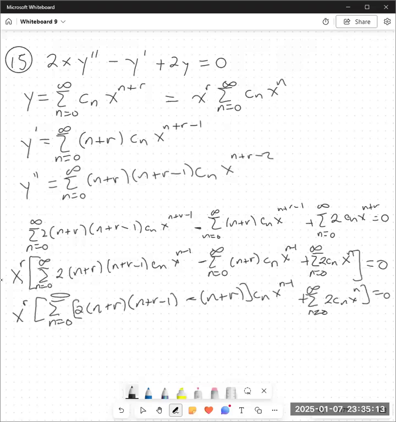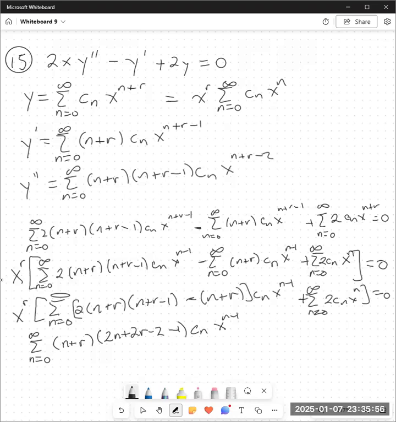So we're going to ignore the x to the r part for right now. That'll come back later in the problem. We need the sum from n equals 0 to infinity of n plus r times 2n plus 2r minus 2 minus 1, Cn x to the n minus 1.